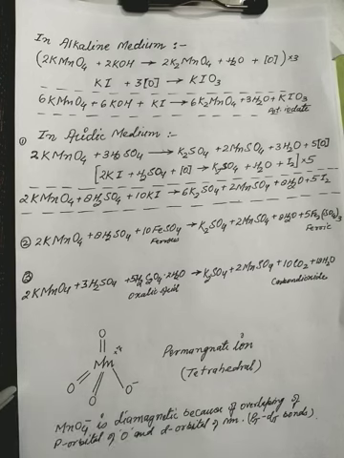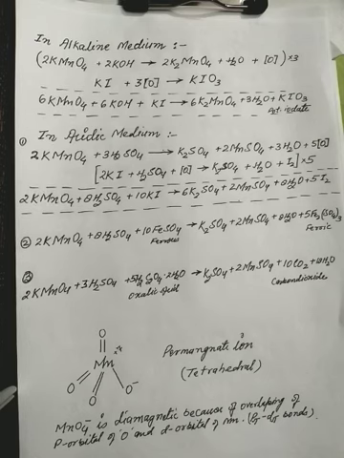Now in alkaline medium, potassium permanganate gives nascent oxygen, but the ratio is changed from neutral medium. In alkaline medium, 2 KMnO4 molecules give 1 nascent oxygen. Then there are 2 half-nascent oxygen in 1 nascent oxygen. So 2 KMnO4 gives 2 half-nascent oxygen, then 1 KMnO4 gives 1 half-nascent oxygen.